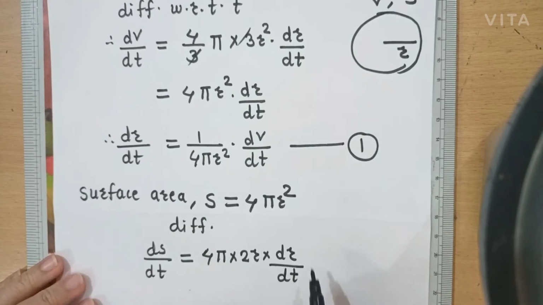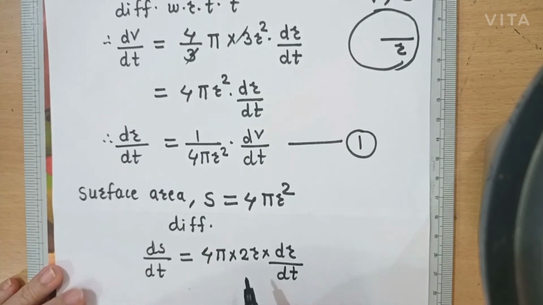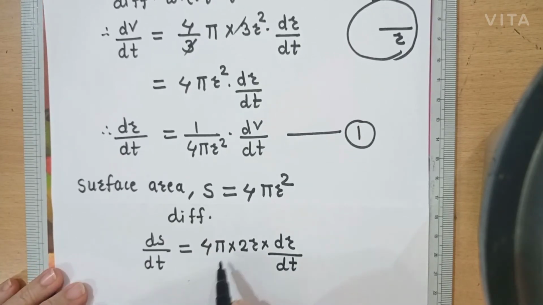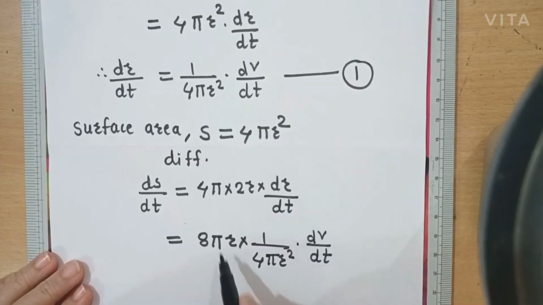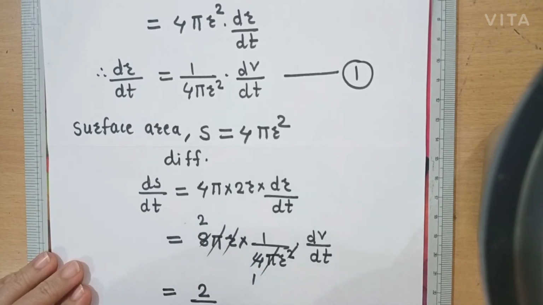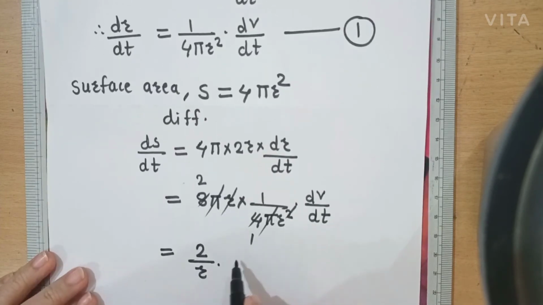Now substitute dr by dt and radius is 5. So in the next step, 4 2s are 8 pi, this is r dt. So this pi gets cancelled, 1 r gets cancelled, 4 1s are 4, 2s are 2. So what is remaining is, upside to downside, this r, and again dV by dt.